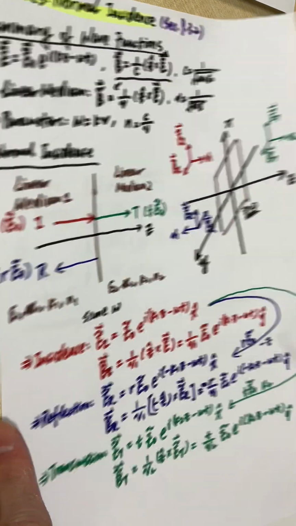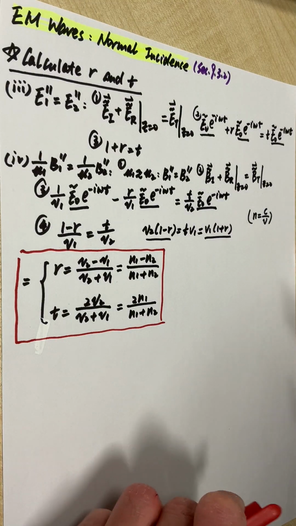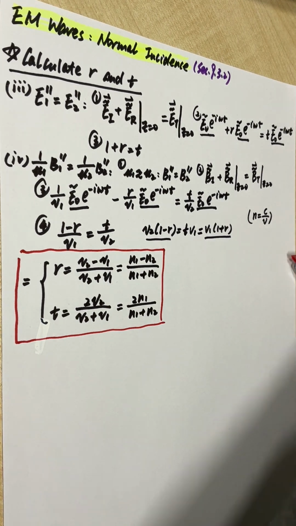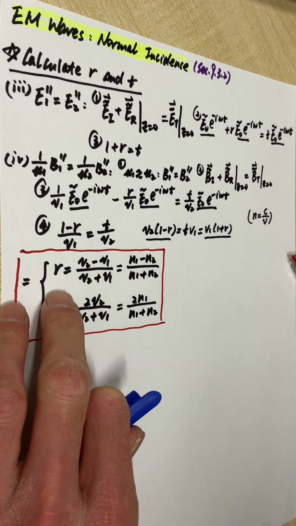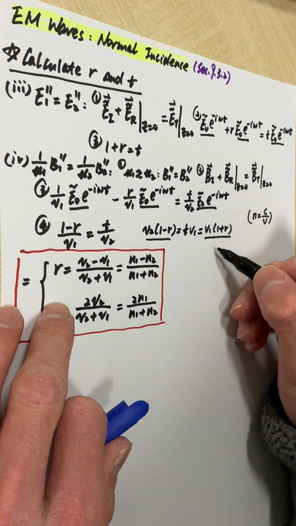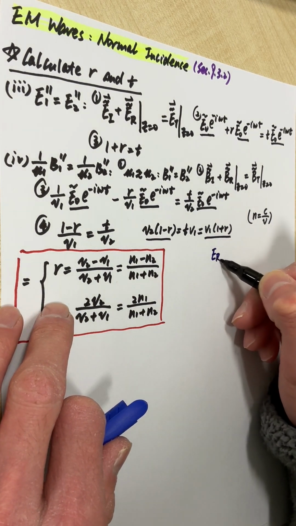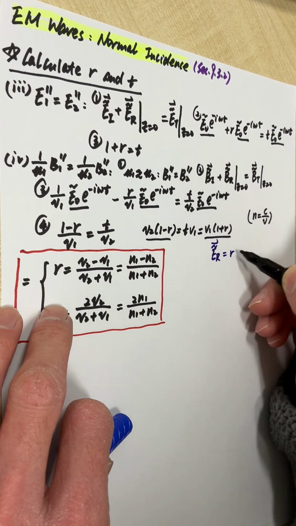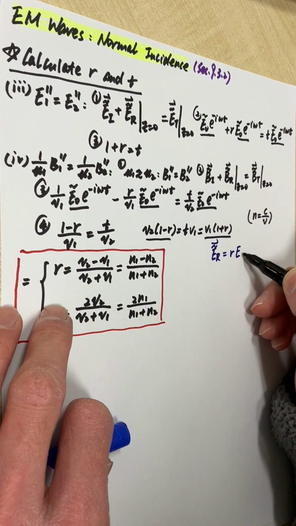So some properties that we can observe from here. Basically, R tells us that ER, the reflected electrical field, equals R EI.